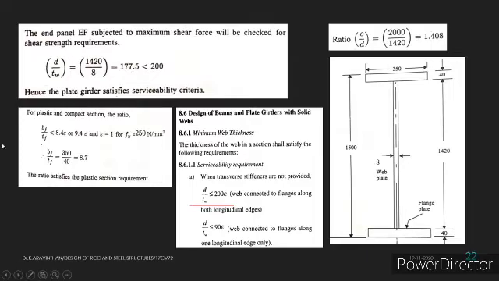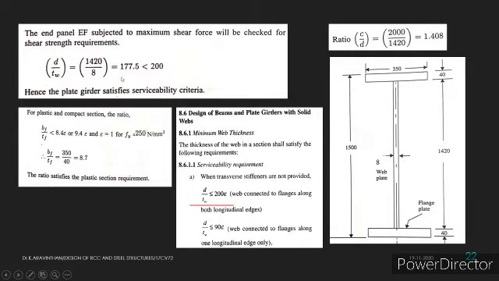Hence, the plate girder satisfies the serviceability criteria. This we already checked, and after providing the thickness of the web, it also satisfies the serviceability criteria. You can find this in clause 8.6.1.1, that is, depth by thickness of web should be less than or equal to 200 times epsilon, for the web connected to the flanges along both longitudinal edges.